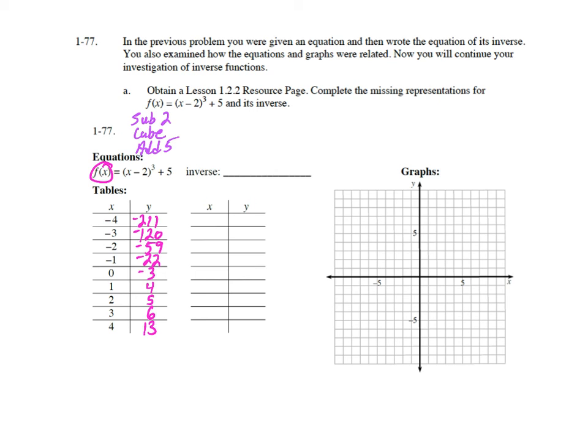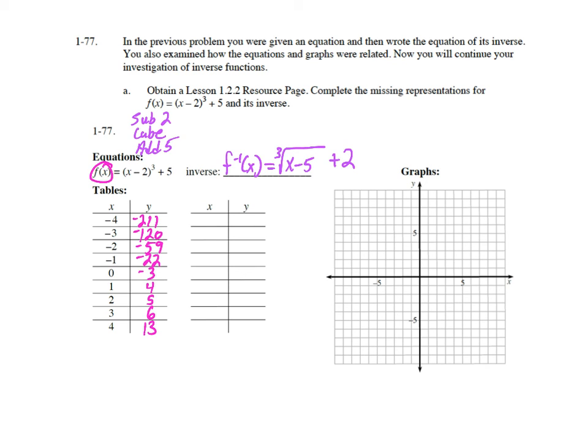So then my inverse, we use this for notation, f of negative 1 of x equals, I'm going to take x, I'm going to subtract 5. Then I need to do the inverse of cubing. So I'm going to take the cube root of that. And then I'm going to do the inverse of subtracting 2. I'm going to add 2.